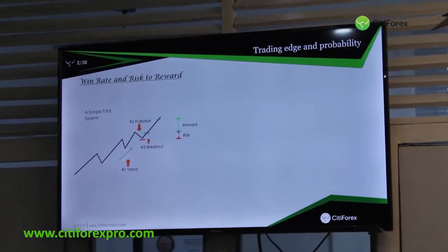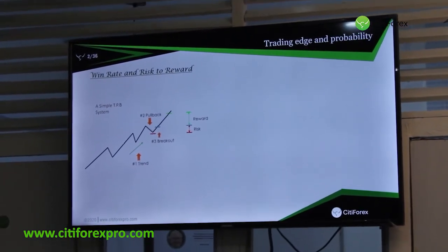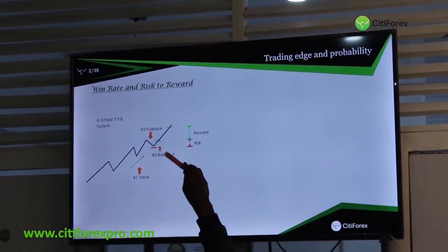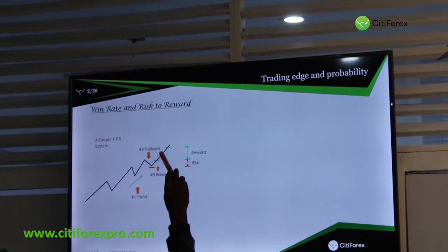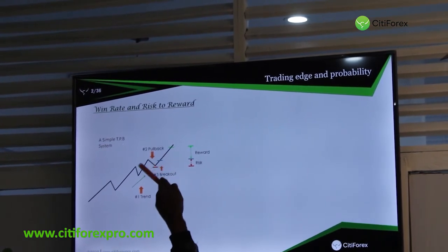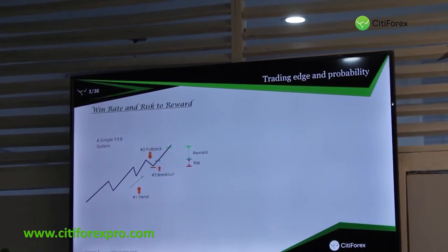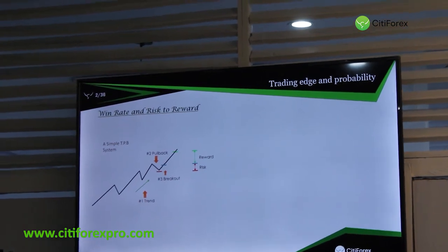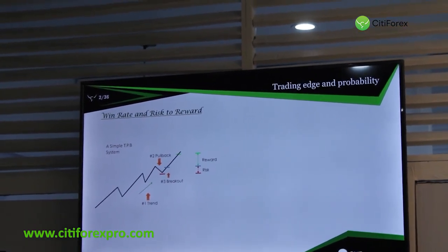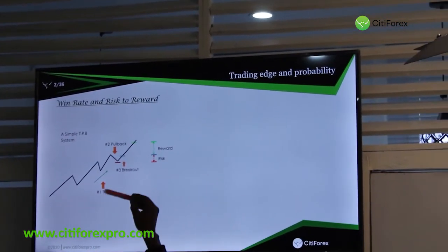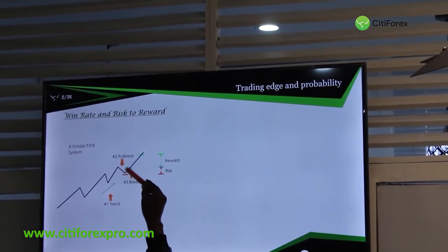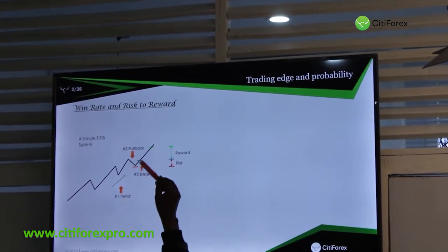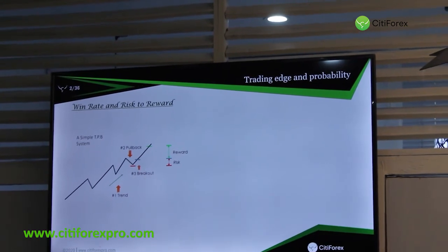I don't know if you understand what I just said. Because if you go too high into this trend, and your stop loss is far. So you got to look for some sort of pullback and then a breakout on that pullback that shows that the main trend is resuming.